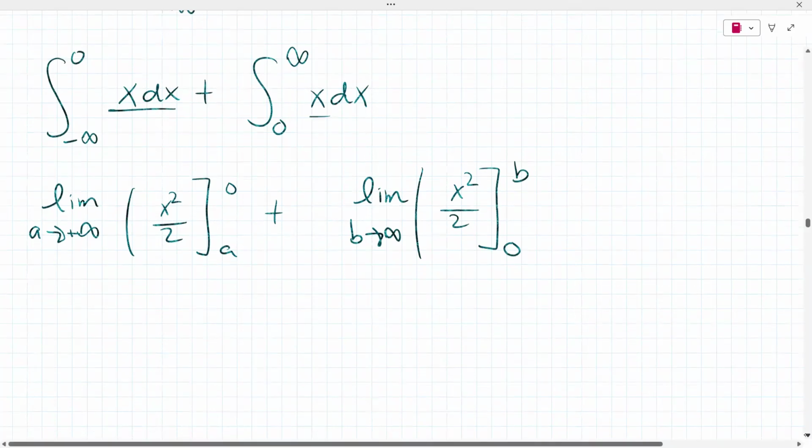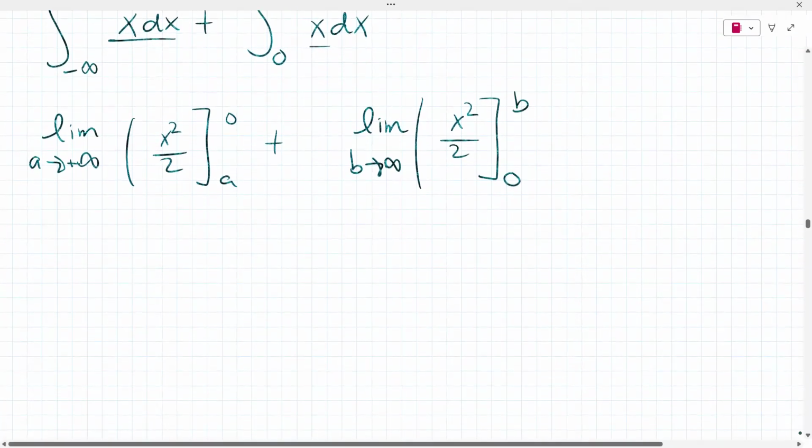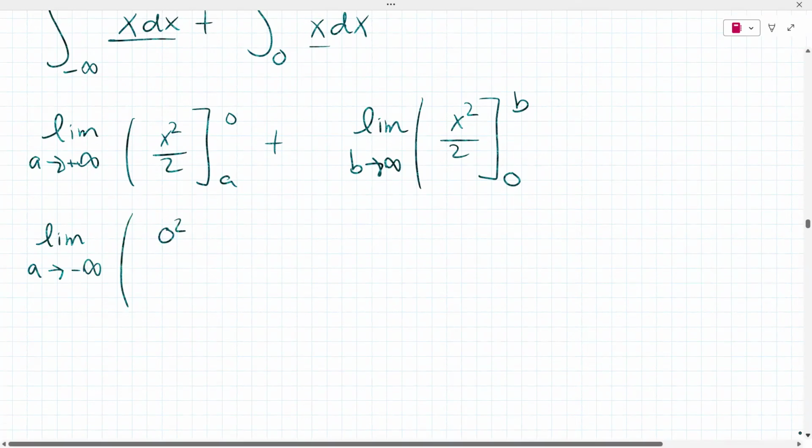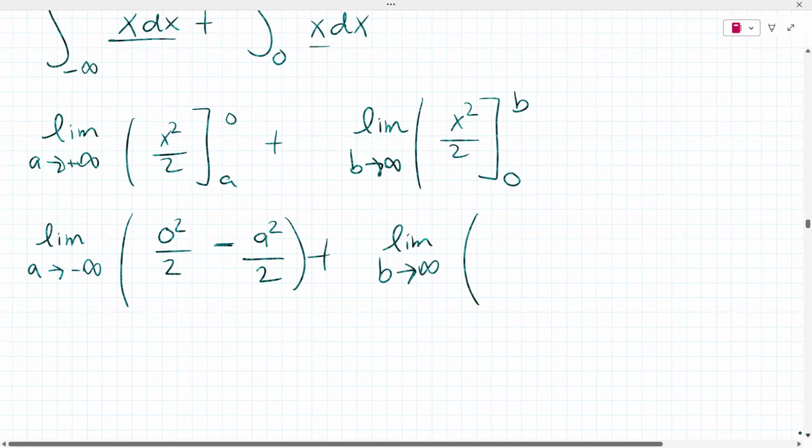Okay, now you may apply the fundamental theorem. So this is going to be the limit as a approaches negative infinity, and then apply upper minus lower. So it's going to be 0 squared over 2 minus a squared over 2, plus the limit as b approaches infinity. Then over here, apply upper minus lower: b squared over 2 minus 0 squared over 2.